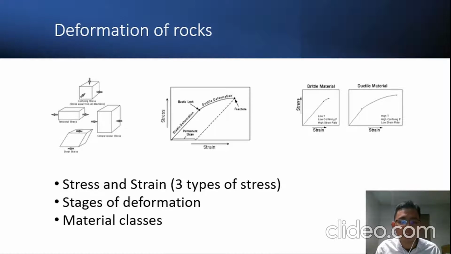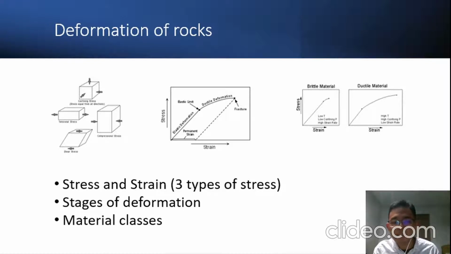And for stages of deformation, we can see based on the graph that there are three stages, which is elastic deformation, where the strain is reversible, meaning the rock or certain material can come back to its original form after given a specific force, while ductile deformation shows strain is irreversible, meaning it can't come back to its original shape. And finally, the fracture, which is at the edge of the graph.